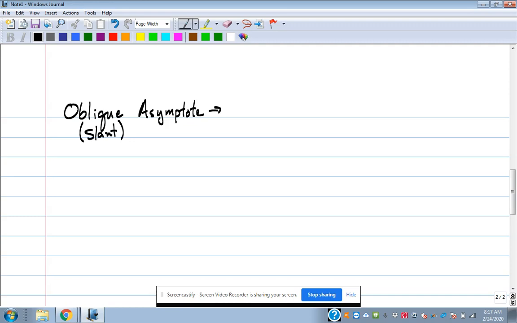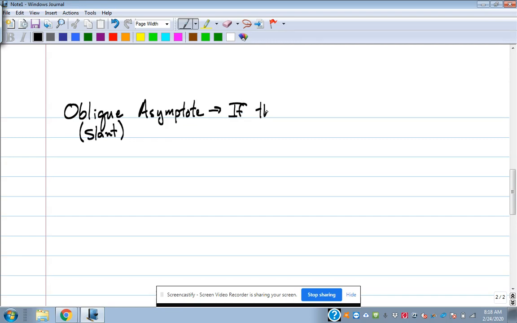Well, slant kind of helps me understand what this looks like. We know vertical asymptote means straight up and down. Horizontal means flat. Oblique really doesn't mean much, right? But slant means a lot. Slant means it's going to be a diagonal line. Asymptotes are always going to be these straight lines for us with rational functions. So slant asymptotes, oblique asymptotes, same thing. And they have a rule for when they exist. They don't always exist. But when they do, it has to follow these rules.